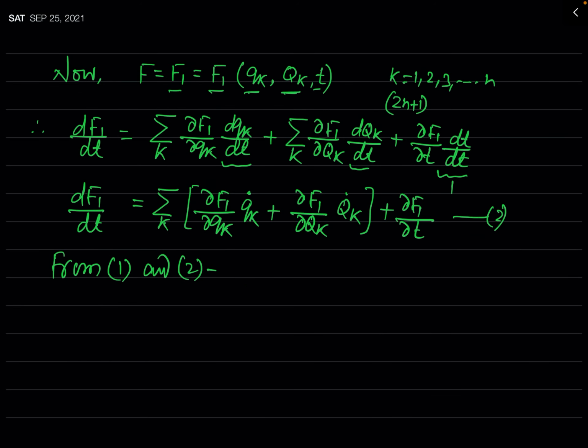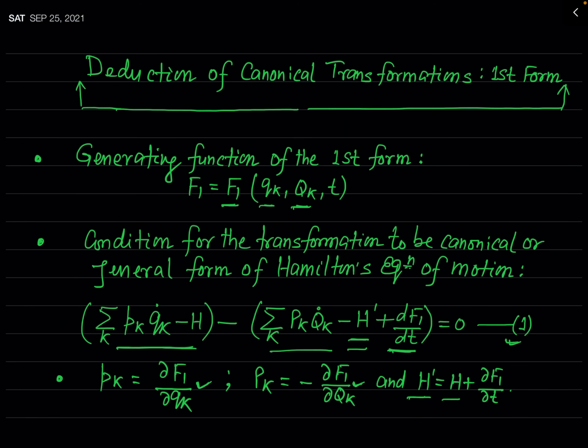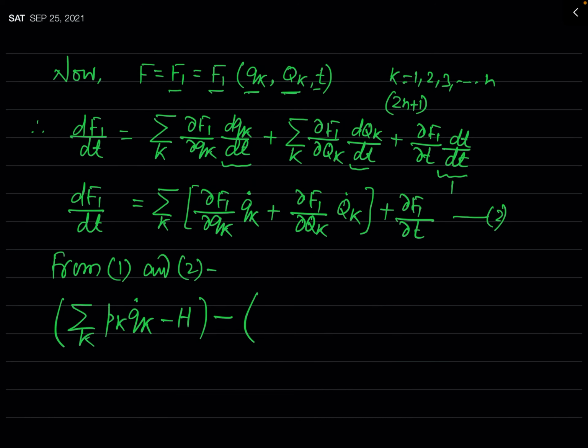So you can write this is summation over k pk qk dot minus h, and minus, again see this equation, summation over k capital Pk capital Qk dot minus h prime, this will also remain as it is.